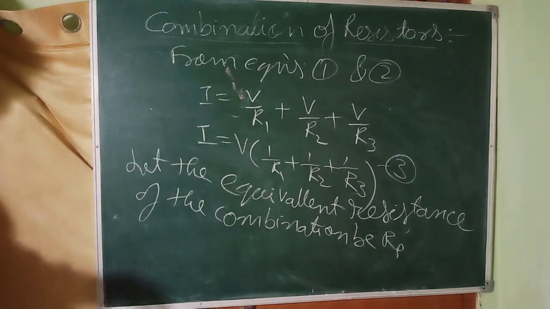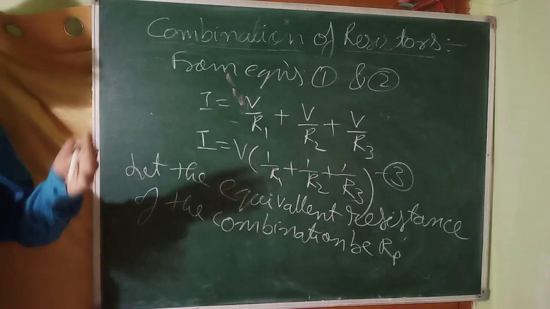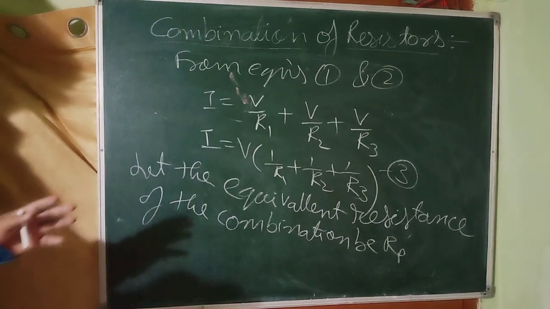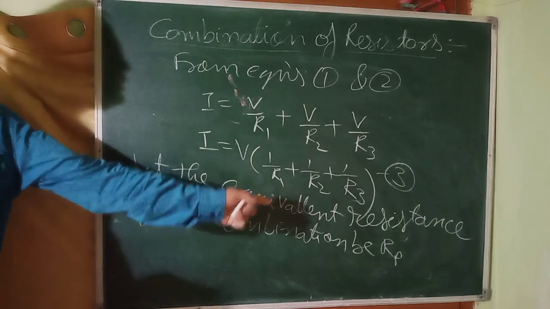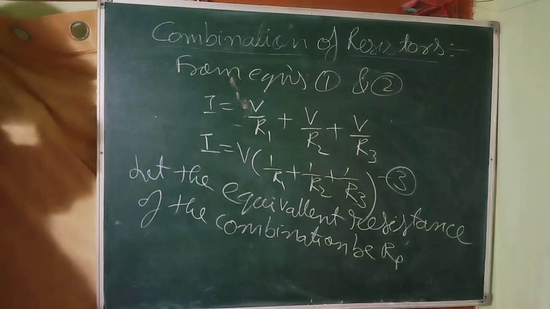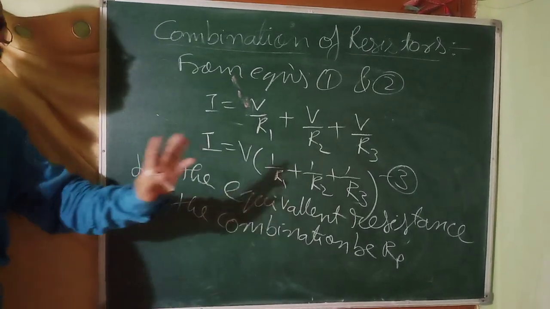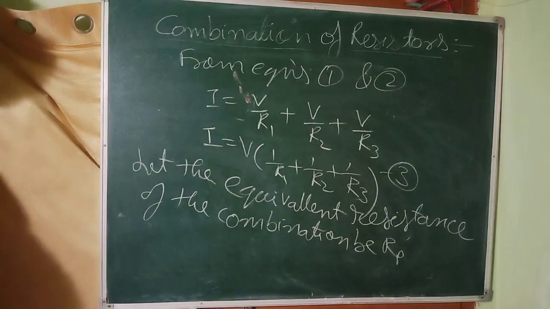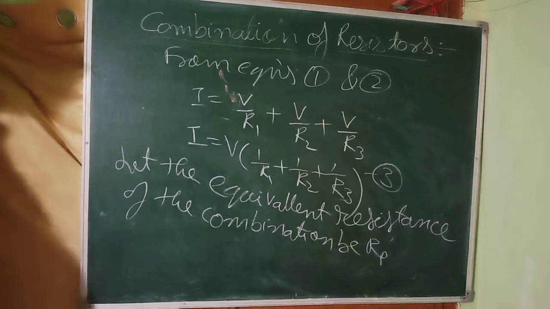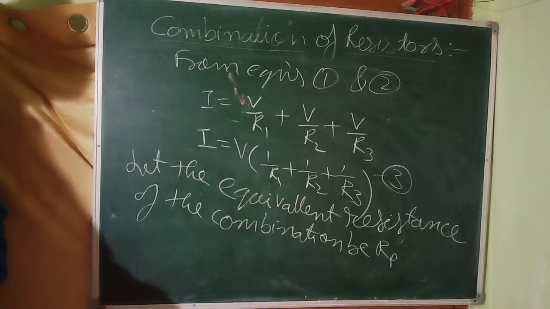That means whatever effect all the three resistances together in that combination are producing, the same effect is produced by a single resistor whose value is Rp. Now, as the total resistance of the circuit is Rp, what is the total potential difference of the circuit? It is V. What is the total current flowing in the circuit?